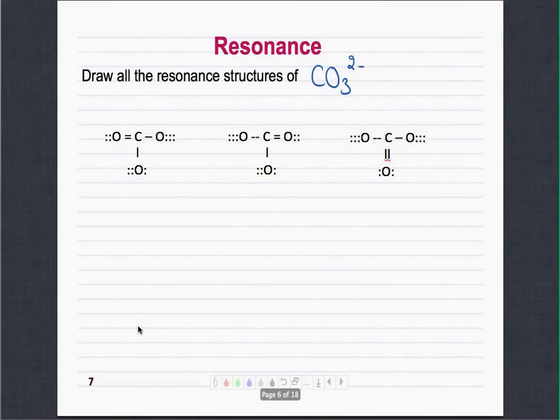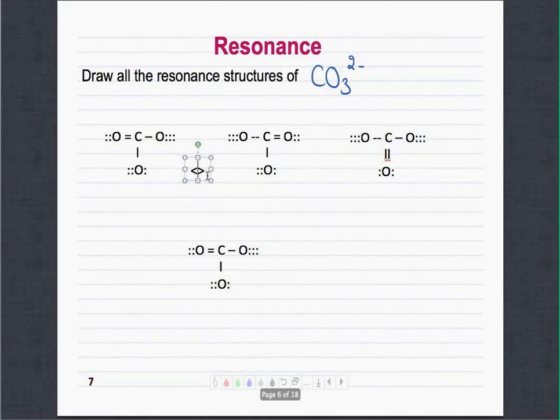Usually the resonance structures, I refer to them as resonance by this double-headed arrow. And it's not this one. That's wrong. That doesn't mean resonance. That's equilibrium. That's nothing to do with resonance. So the arrows that we put between resonance structures are double-headed arrows.